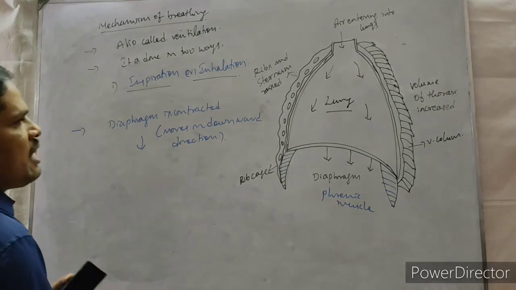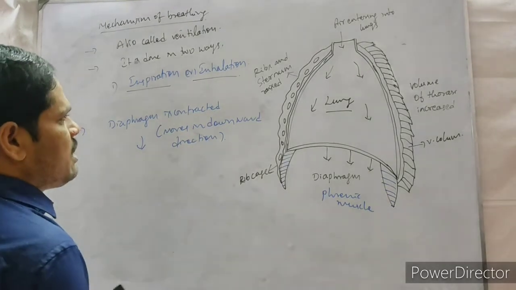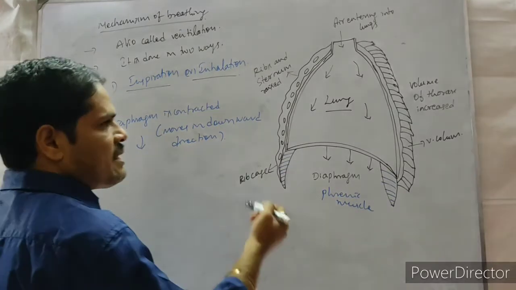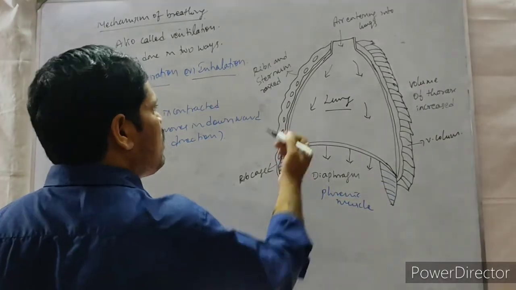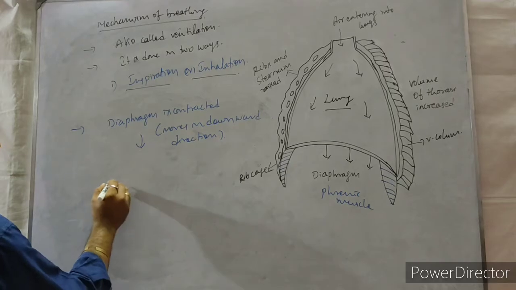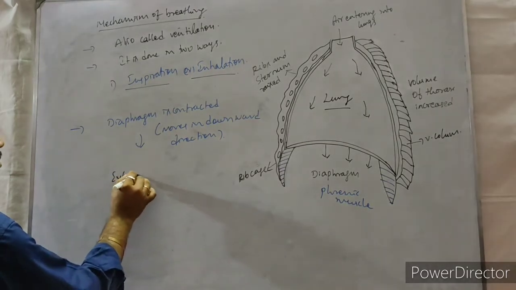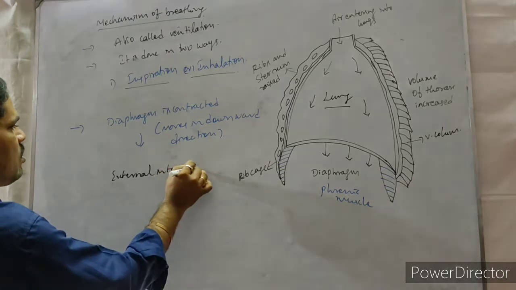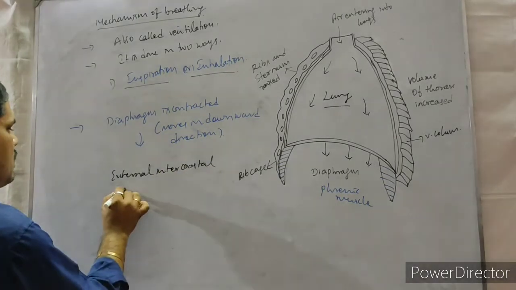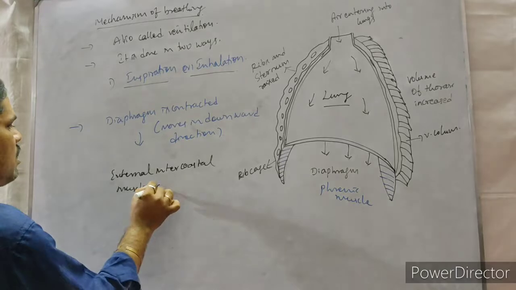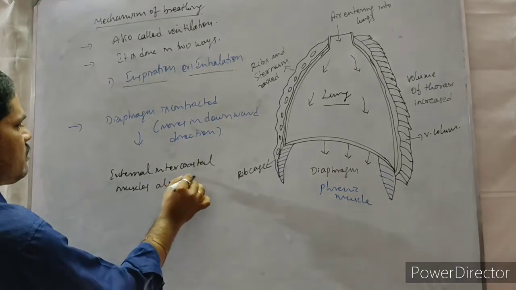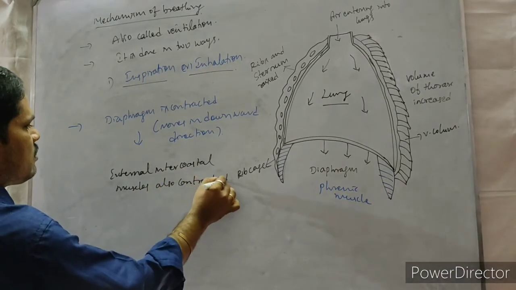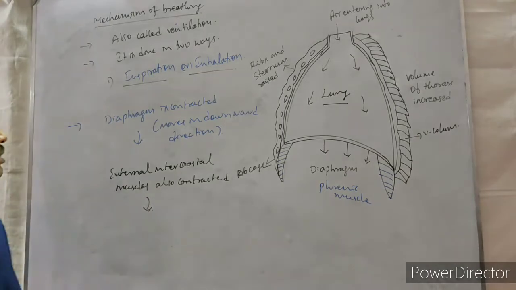After that, the diaphragm is contracted. The external intercostal muscles are also contracted. So what happened?